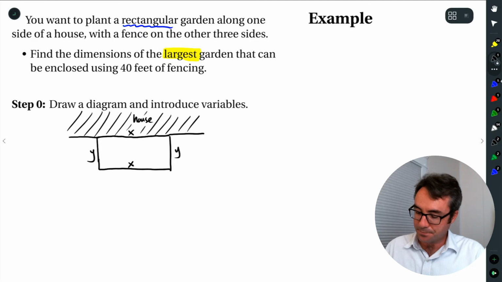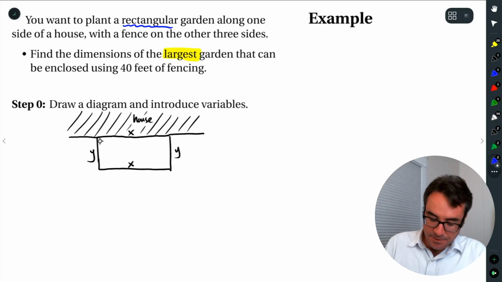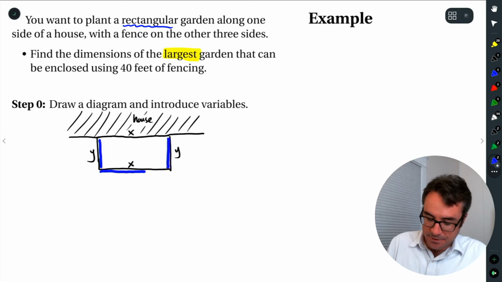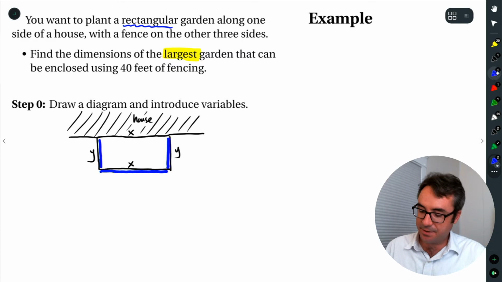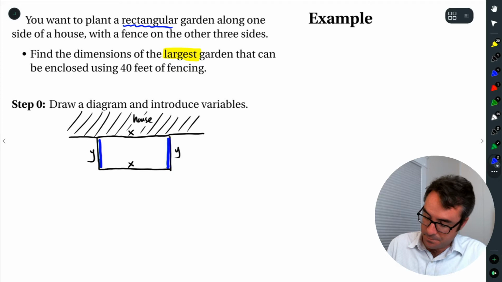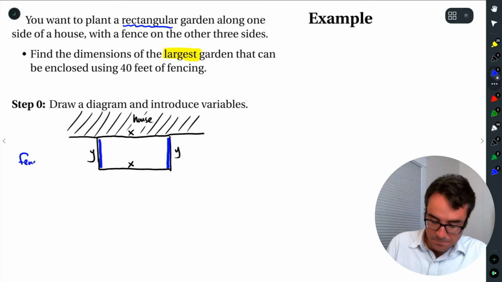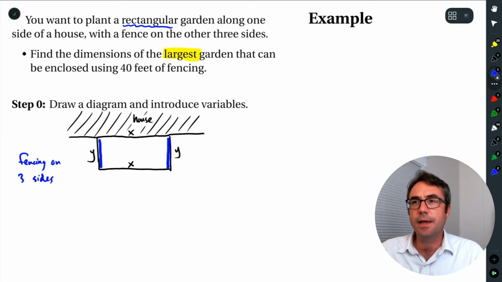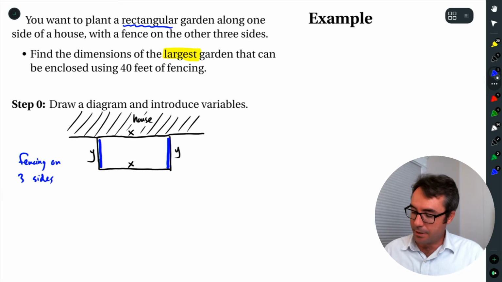So this side is going to get a fence, this side is going to get a fence, and this other side is going to get a fence. So we have fencing on 3 sides, and that 4th side is against the house, so we don't have to fence that in. All right, so we've drawn our diagram.